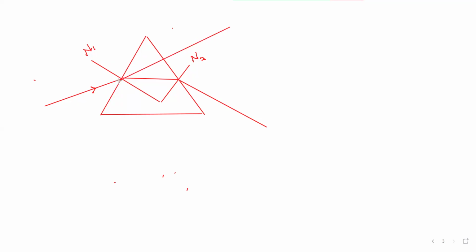Good. When we extend the emergent light, it will go here. So this becomes the total deviation. This is the total deviation.